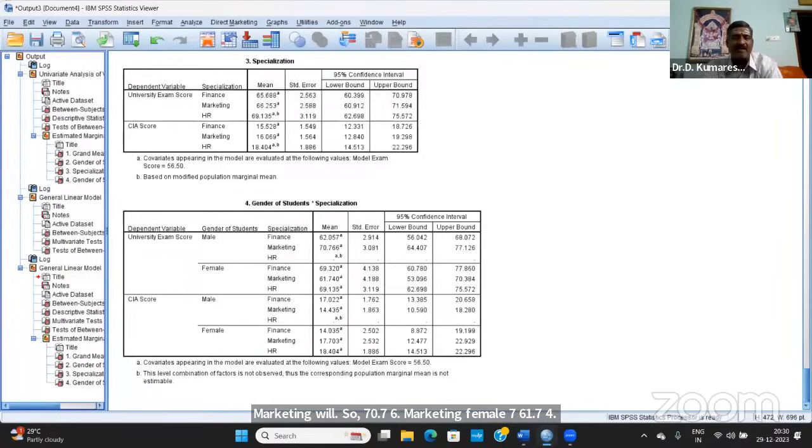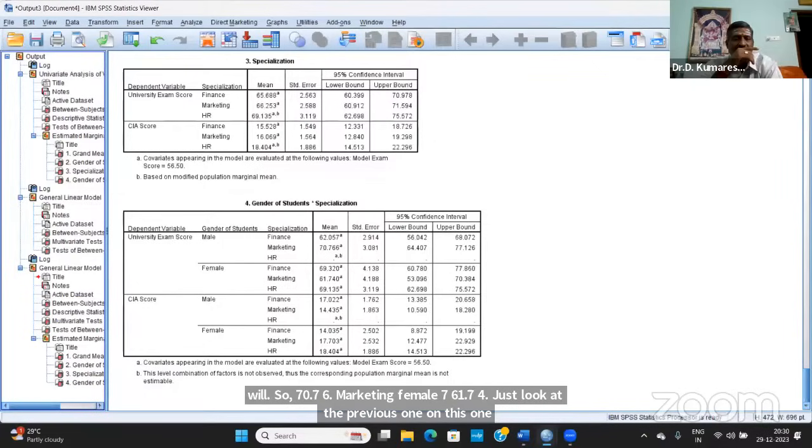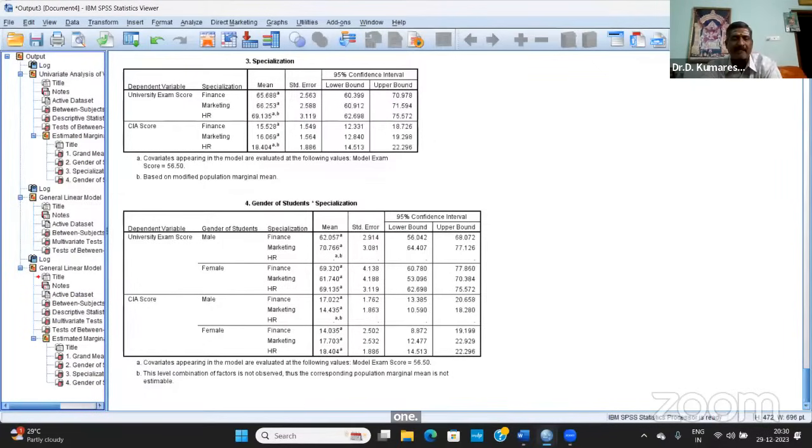Just look at the previous one and this one. In the case of finance, male students' performance was lesser than the female students, because male students 62.057, female students 69.320.